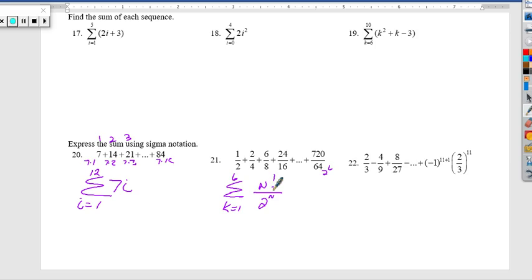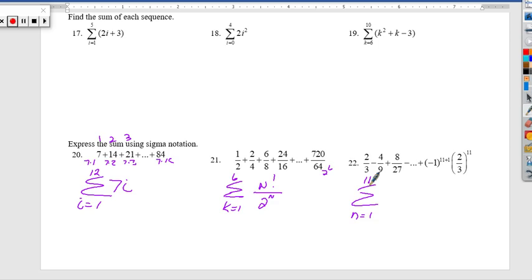All right, the last one here, number 22, we're looking at a summation notation. Let's let n this time equal 1. We need to figure out what term we're kind of on. I can see that we are definitely looking at term 1 from our problem.